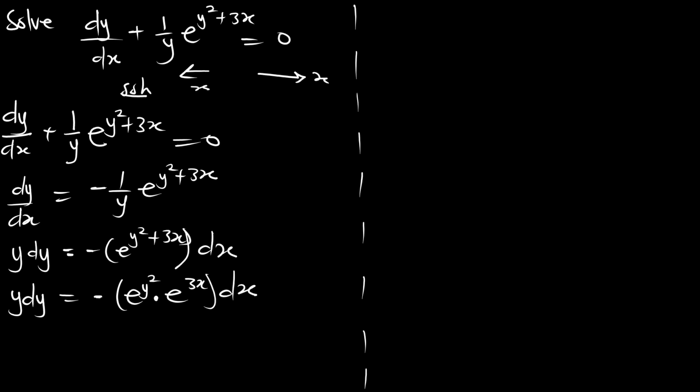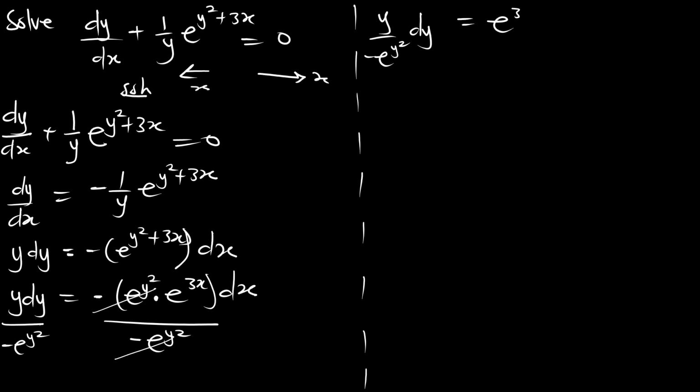So here I can divide through by negative e^(y²), such that this will take care of that. So at the end of the day, I'm getting y over negative e^(y²) dy equal to e^(3x) dx. Now I have made a separation, because on this side there are only y components and on this side there are only x components.